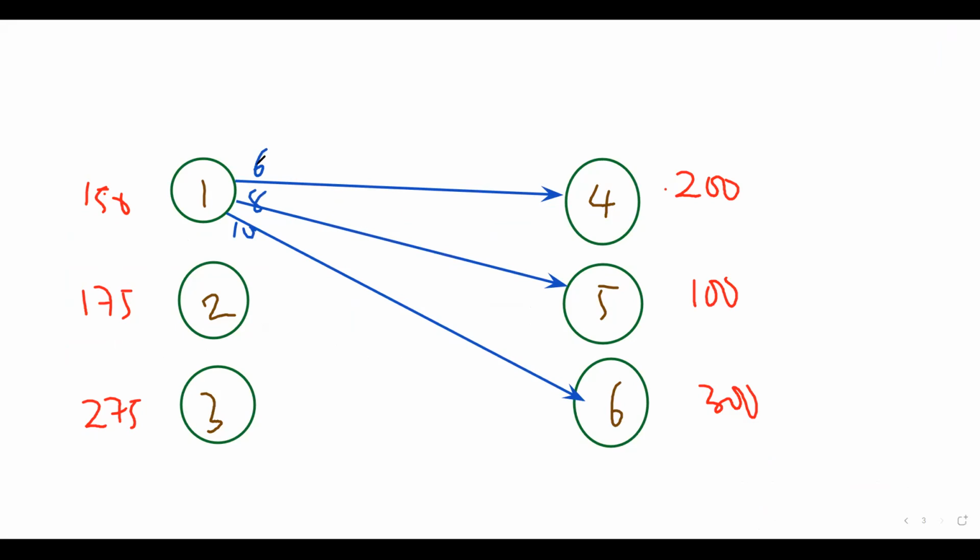Okay. And now we are going to add the decision variables. How do you add? Remember, it's from 1 going to 4. So the decision variable, how are you going to write it? You're going to write it as 1 going to 4. So you will have x 1, 4. That's for the first one. The second one is x 1, 5.